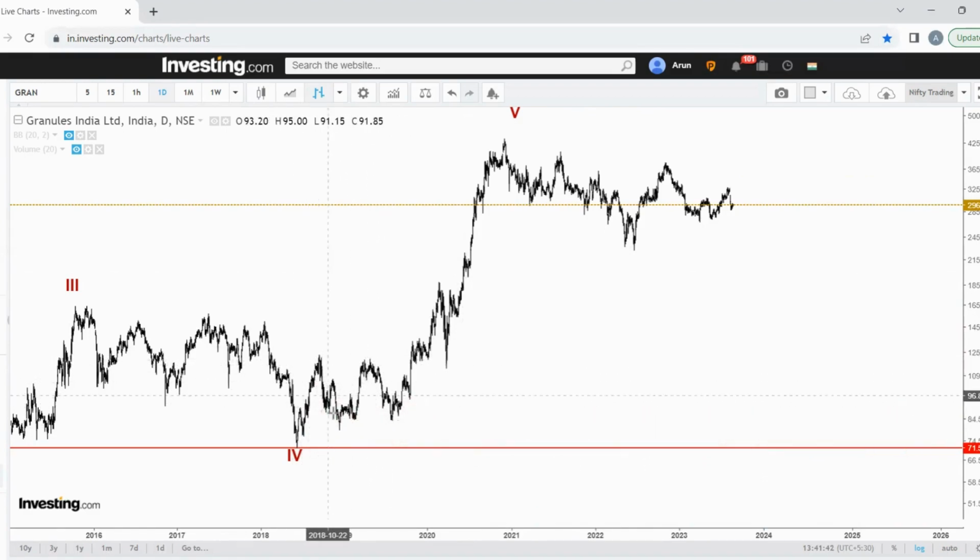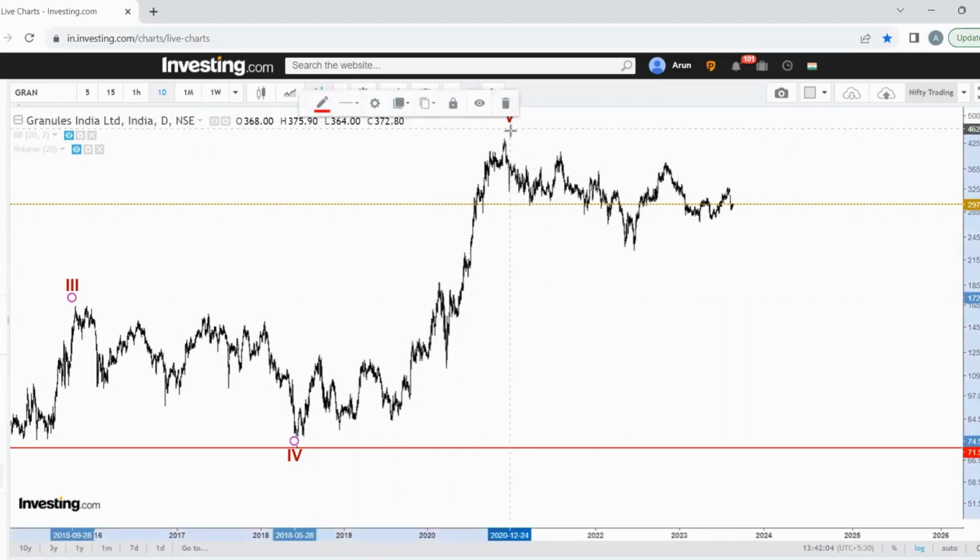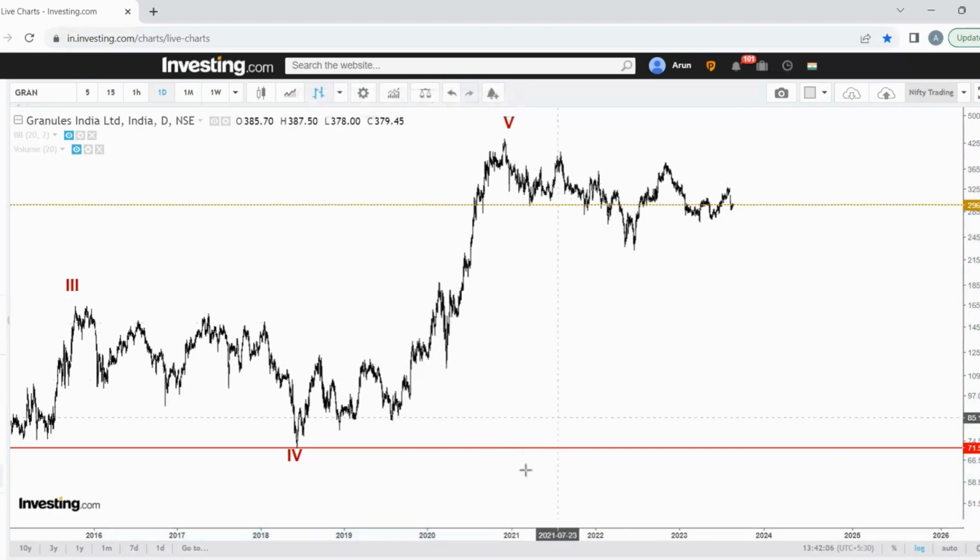So wave 1, A, B, C, 2, and this entire thing as 3, or this is 3, smaller 4 and 5, because this does not seem to be in minor wave 4 of this swing. Possibly we have completed this 5 here.